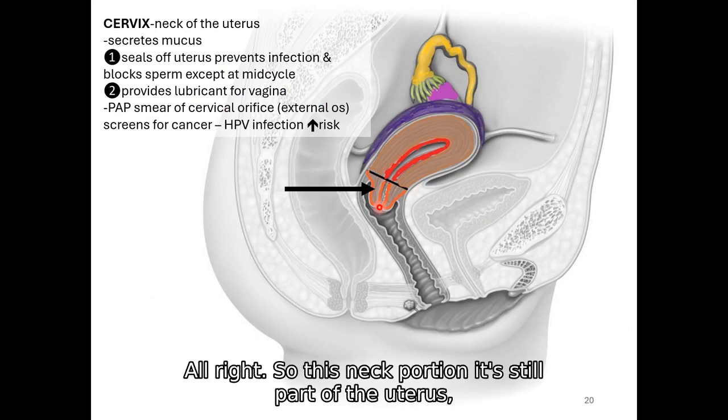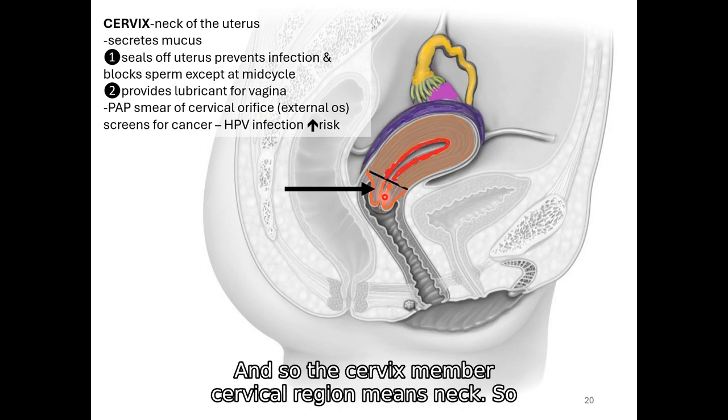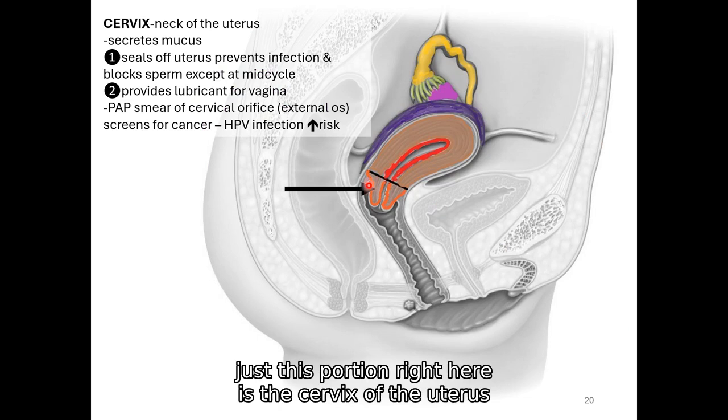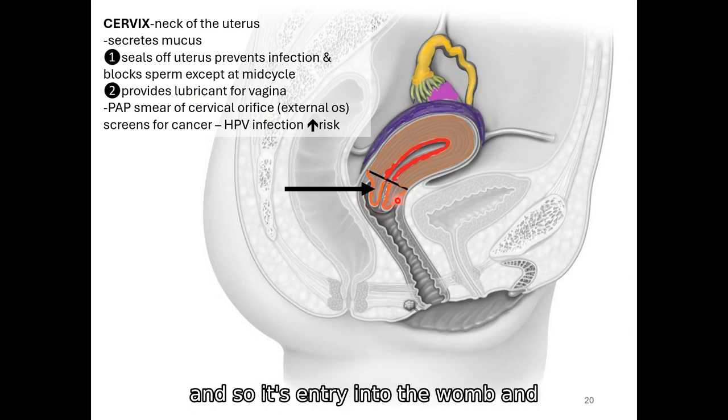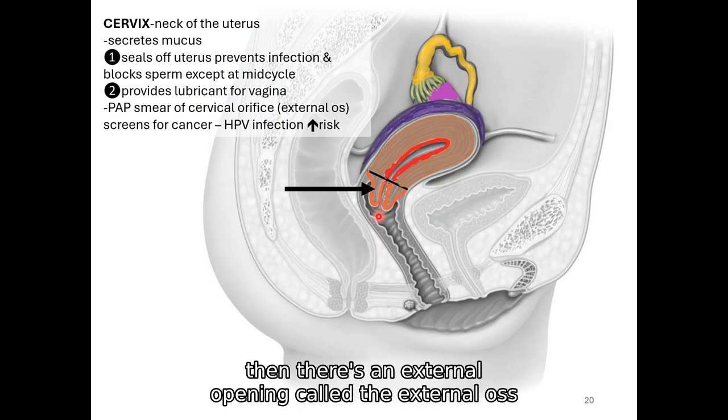All right, so this neck portion, it's still part of the uterus, but it's called the cervix. And so the cervix, remember cervical region means neck. So just this portion right here is the cervix of the uterus. And so it's entry into the womb. And there's an internal opening called the internal os, and then there's an external opening called the external os.